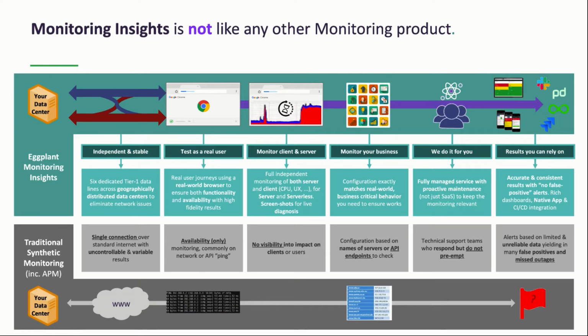Next, we focus a lot on client-side issues. So we use a real browser, and as a result of that browser, we get access to a lot of detailed metrics on client side. So we use Chrome as the browser for testing real user journeys, not just the availability of servers.